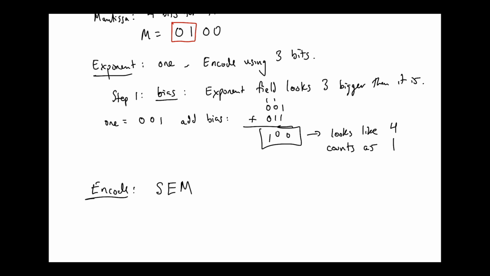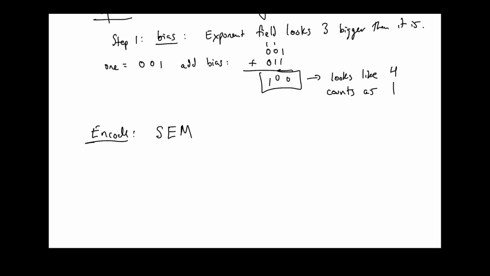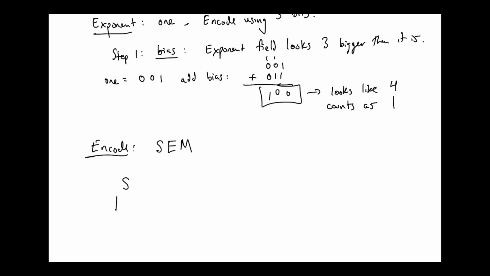So finally, we encode the thing as an 8-bit binary object. The order that we put these things in is sign bit first, then the exponent field, then the mantissa field. That again is a standard, so we just stick with it. So what was my sign bit for this particular problem? The sign bit was a 1, and the exponent field looks like 4 but really counts as one.